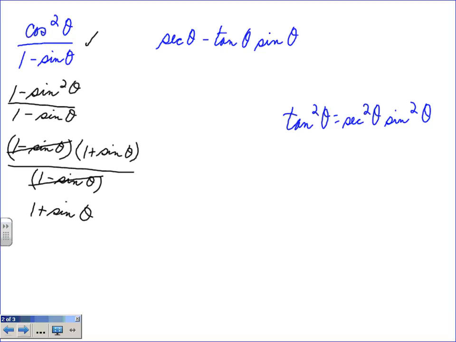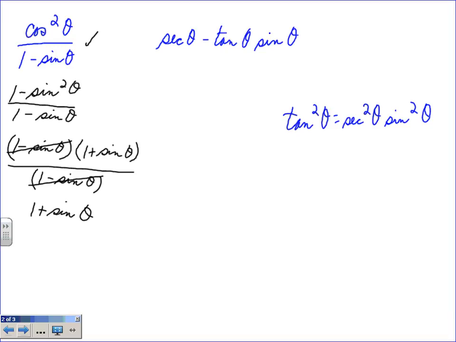Now I've written my example in terms of one trig function. Okay? Let's look real quick here. Second example. Your directions will say, write in terms of cosine.